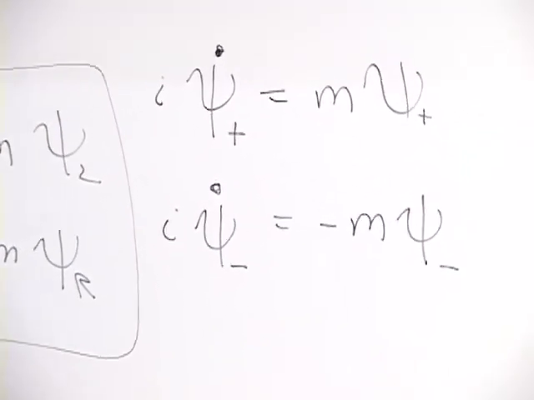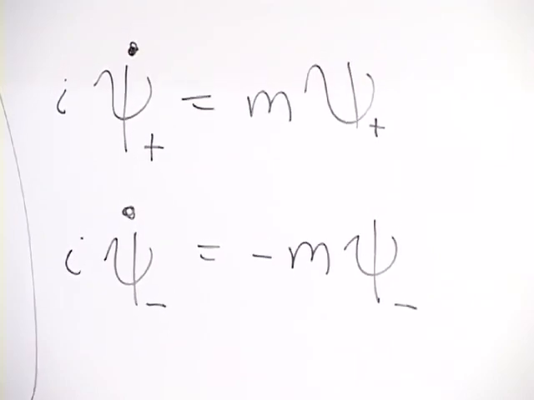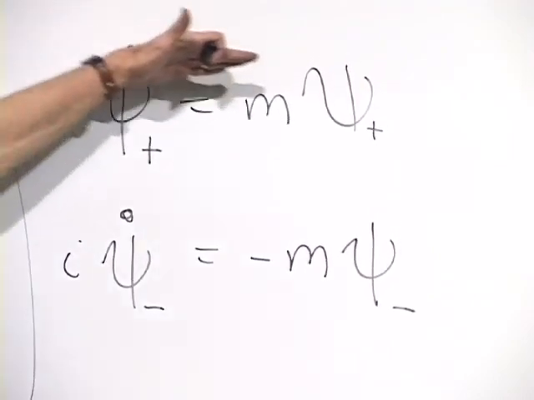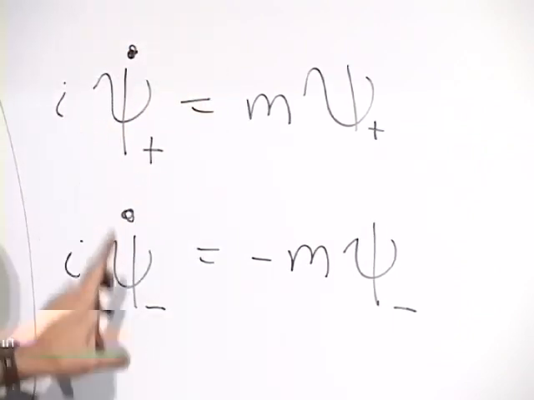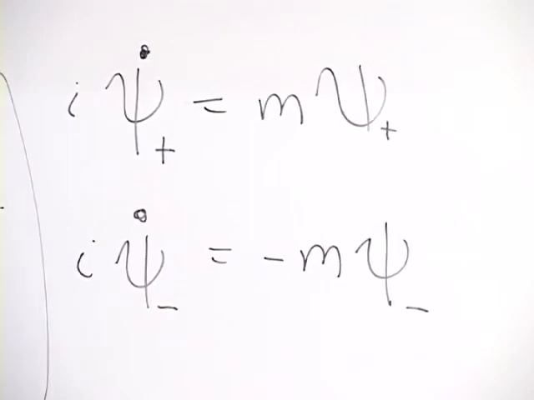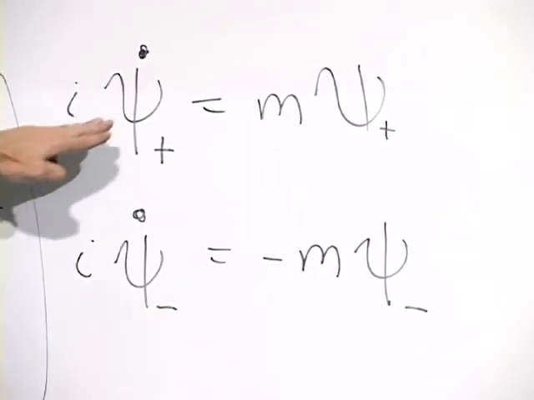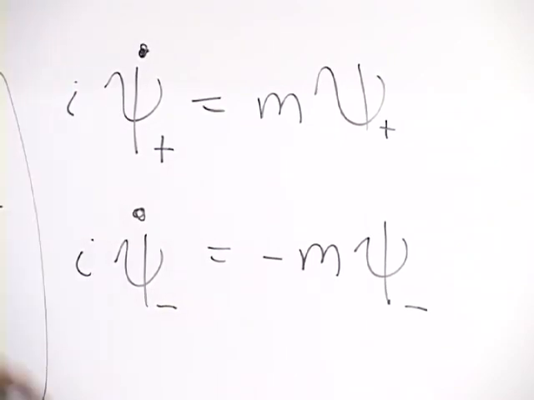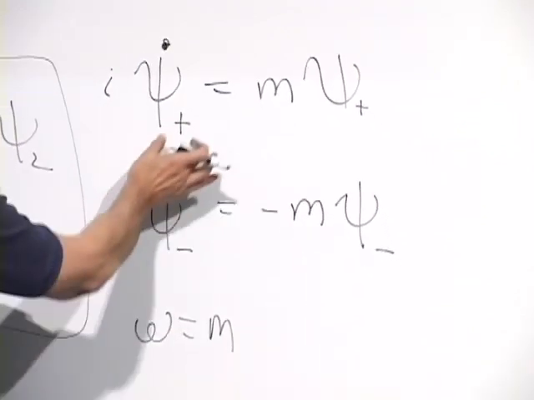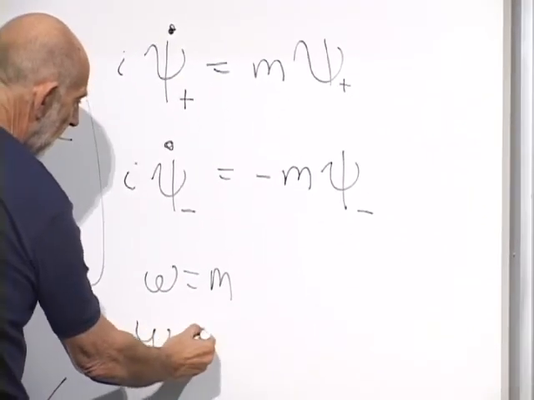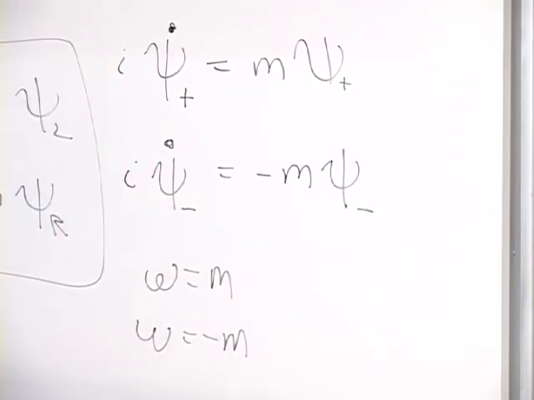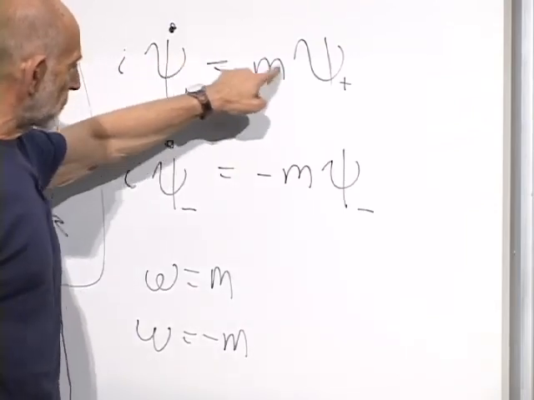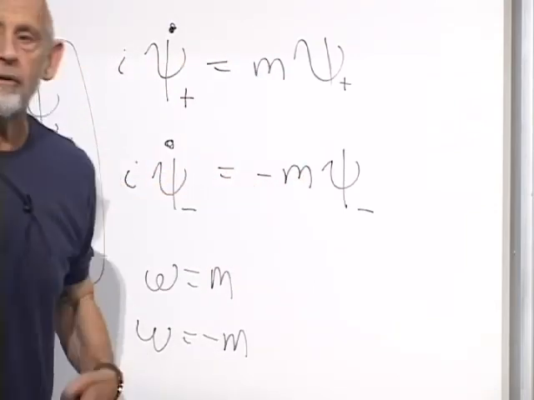So by adding them and subtracting them, in other words, taking different linear combinations, we find two objects, one which satisfies an equation with a plus sign and one which satisfies an equation with a minus sign. If we just imagine that psi has a frequency, then this is also the same as omega equals m for the plus sign and omega equals minus m for the minus sign.